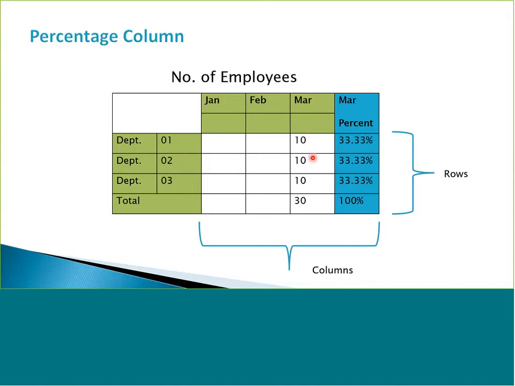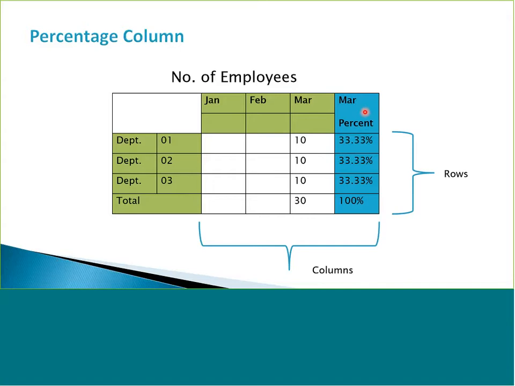For Department 2 in March, there are also 10 employees, and for Department 3 in March, there are also 10 employees. So the total number of employees in the company is 30. But now the client wants to know, in terms of percentage, what number of employees are in each department. So they'll have a column here that shows that information.